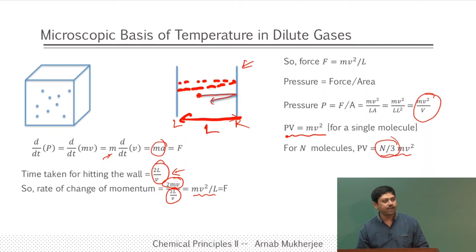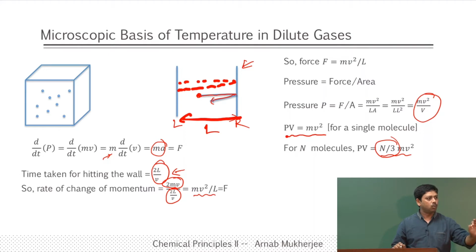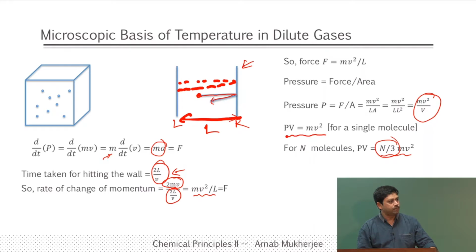This 1/3 factor takes into account that on average we are only taking 1/3 of the molecules. If there are n molecules, the force acting on one side of the wall will be 1/3 of n mv square.